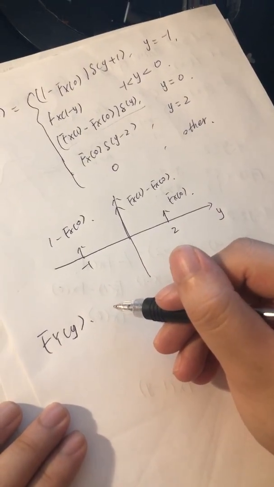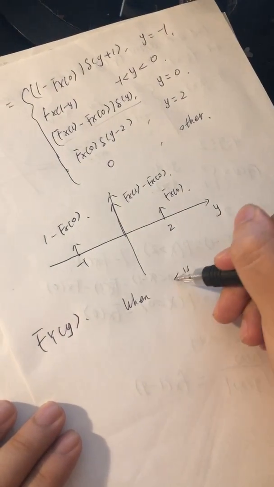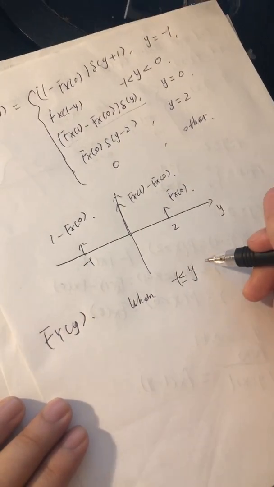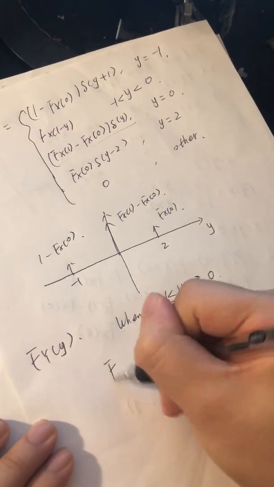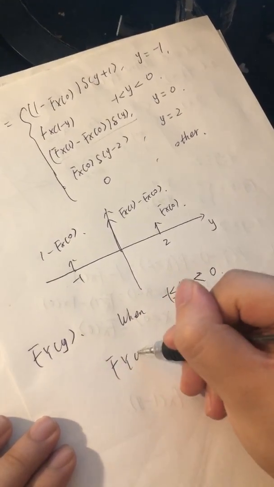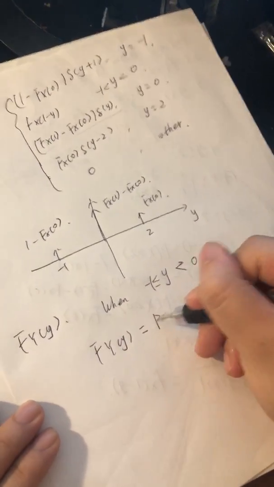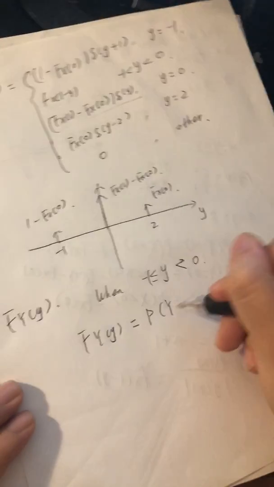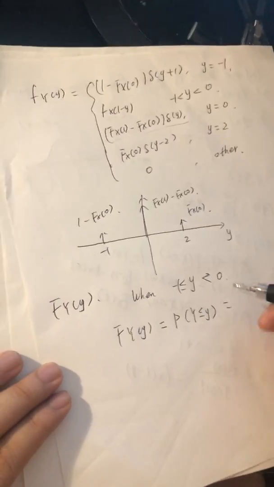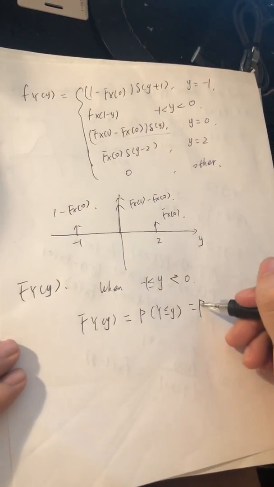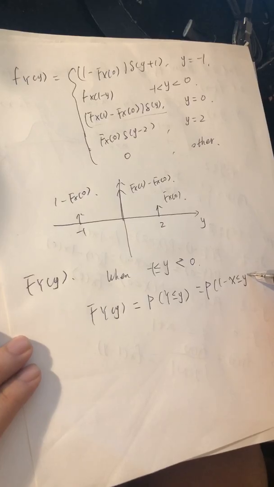So for capital F_Y(y), when y is from negative 1 to 0, capital F_Y(y) will equal the probability of capital Y smaller than y, which equals the probability of 1 minus X smaller than y.